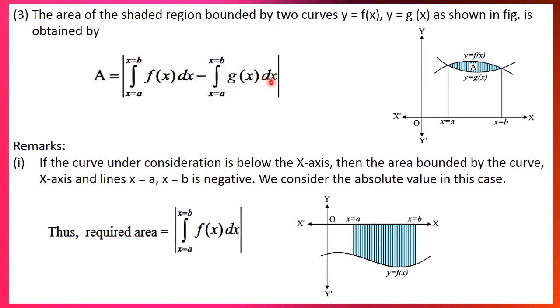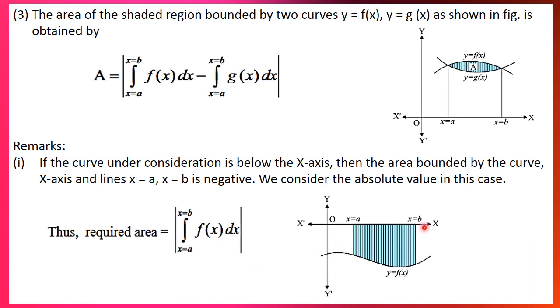Now if the curve under consideration is below the x-axis, then the area bounded by the curve, the x-axis and the lines x equal to a and x equal to b is negative, and we consider the absolute value, that I have explained here. That is, the required area is equal to integral a to b f of x dx, whose modulus is considered.